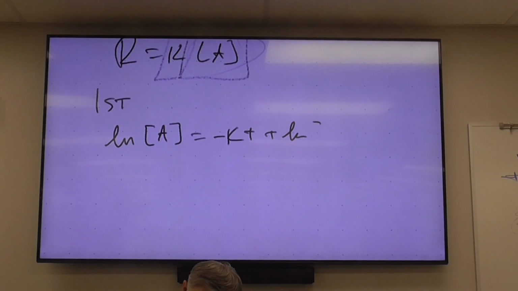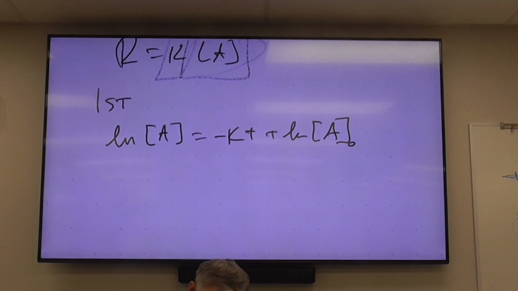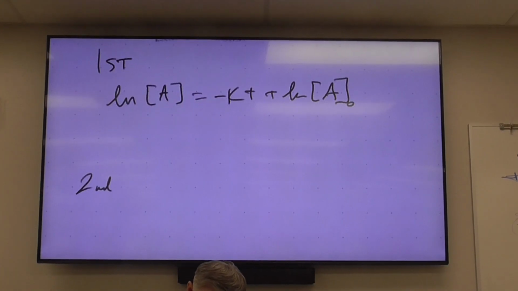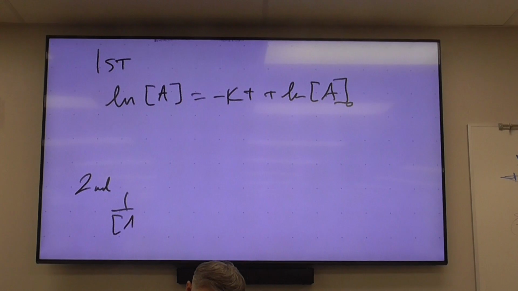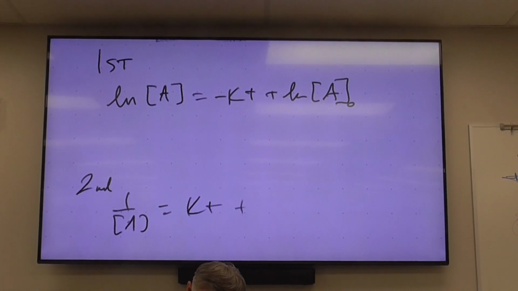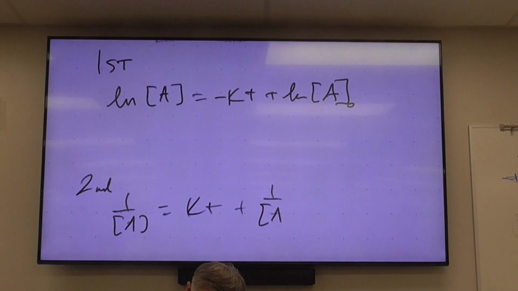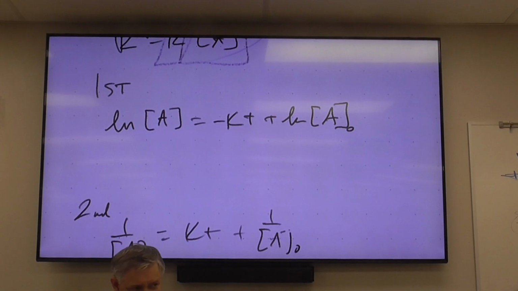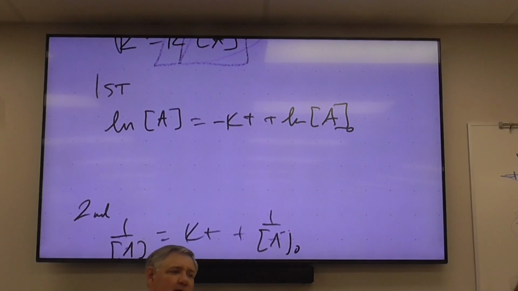Plus the natural log of A naught. And if it's second order, then it's 1 over A equals KT plus 1 over A naught. Okay, so now there's a couple of things that are important.